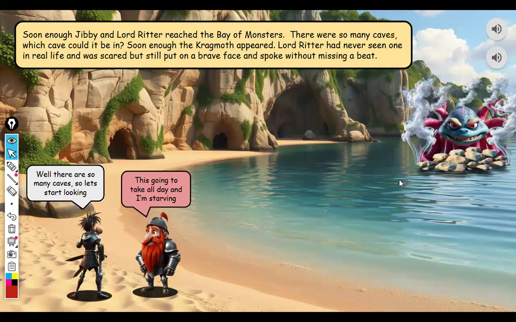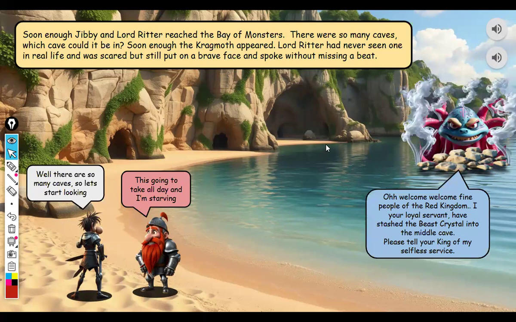That there, guys, is the Kragmat. All right, so the Kragmat says that he has found the crystal and has saved it for them. Suspicious behavior.